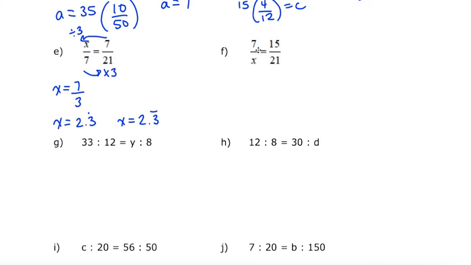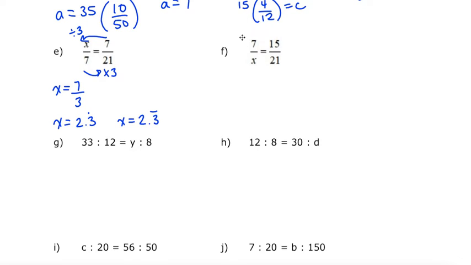Now the problem with the unknown value being at the bottom of your fraction makes things a little bit more complicated. We can't really do it using our traditional algebraic method, where we multiply by the denominator on both sides and then isolate the variable, because our denominator is the unknown.